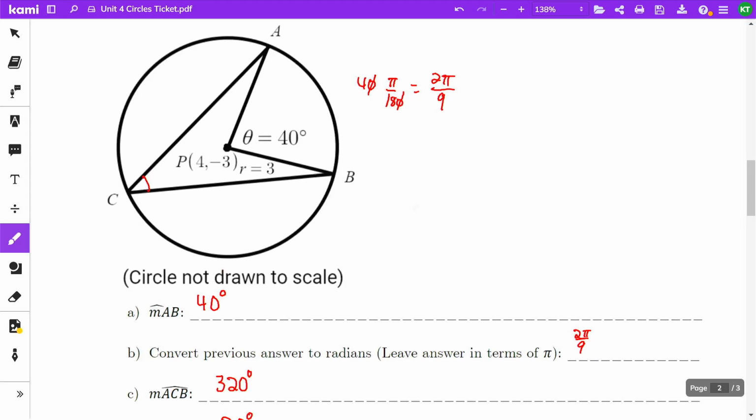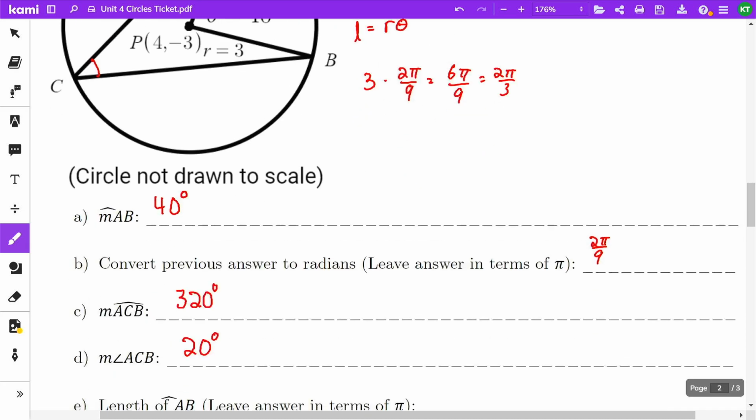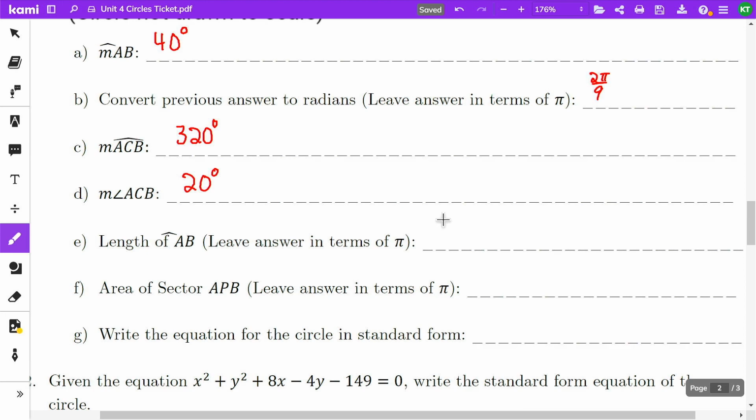So the length of an arc is going to be equal to radius times theta. And again, our radius is 3. So 3 times 2 pi over 9 is going to be equal to 6 pi over 9, which when we simplify is just 2 pi over 3. So the length of AB is going to be 2 pi over 3.